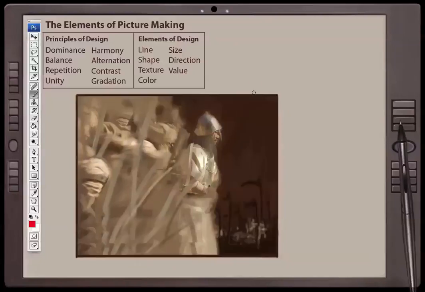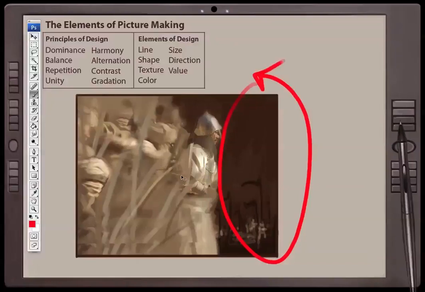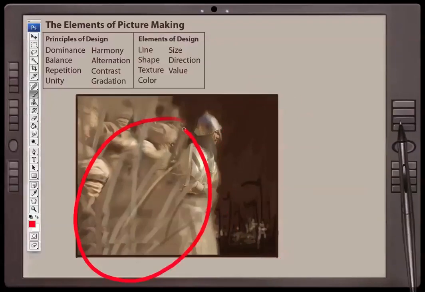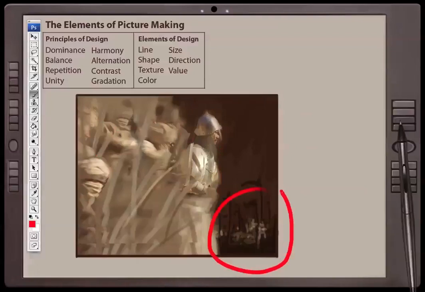Now there's more weight on this side that balances all of this visual weight on the left side. I also added this, which attracts a certain amount of attention, and therefore it has a certain amount of visual weight.